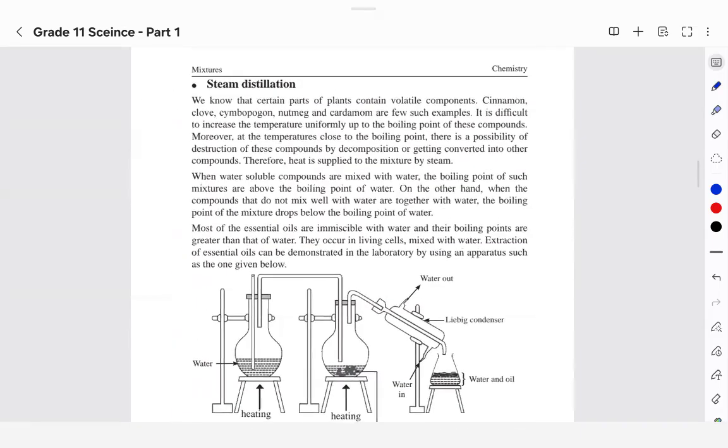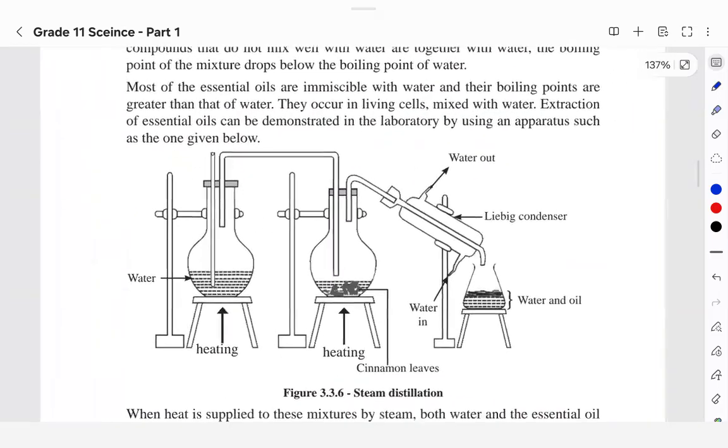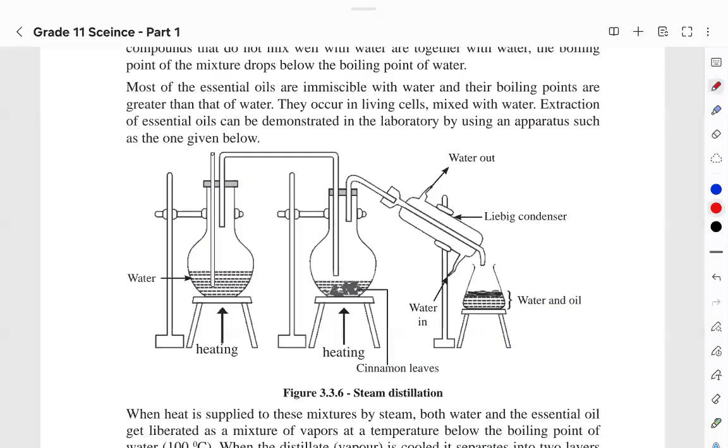Right. Okay. So this is the setup, right? They are using cinnamon leaves. See, cinnamon leaves here and water. So the vapor is going like this through this tube.